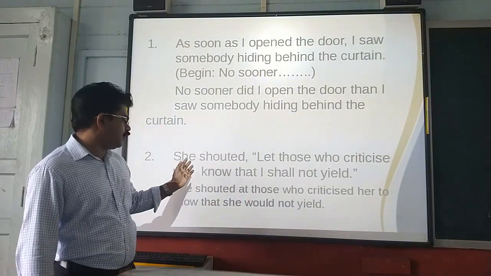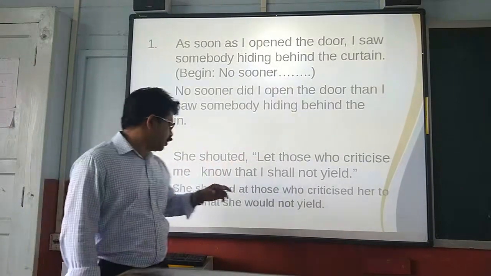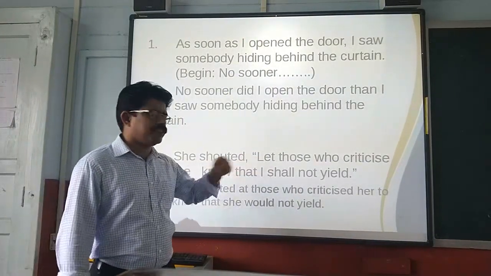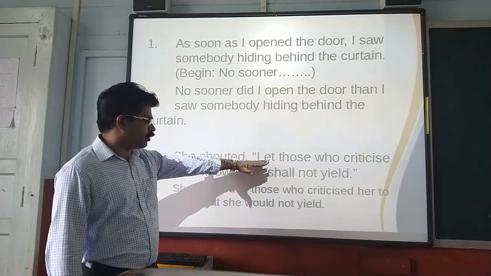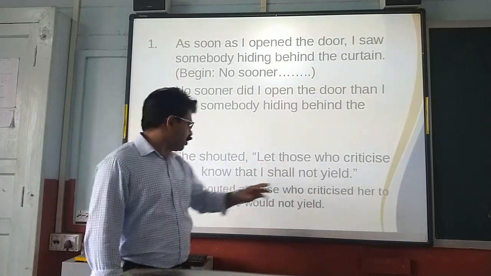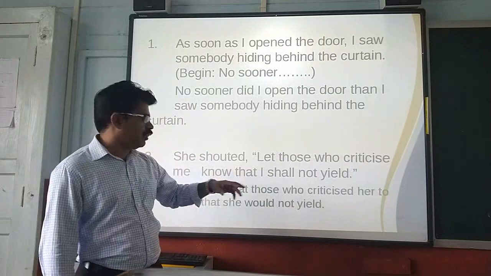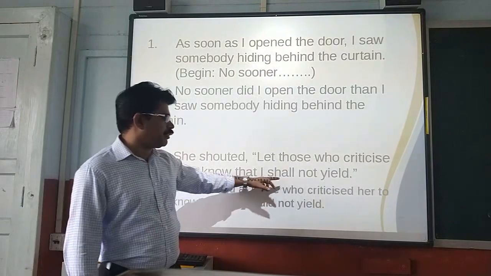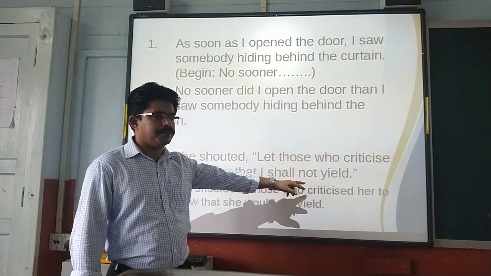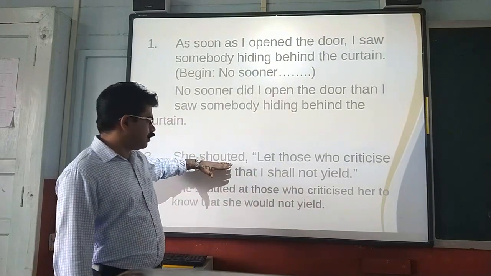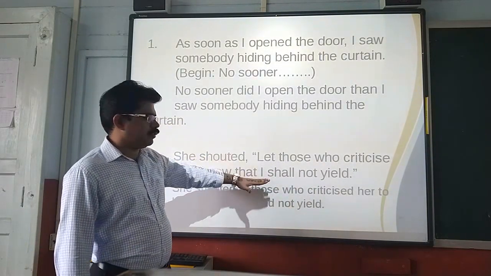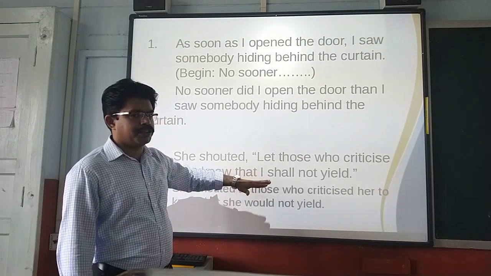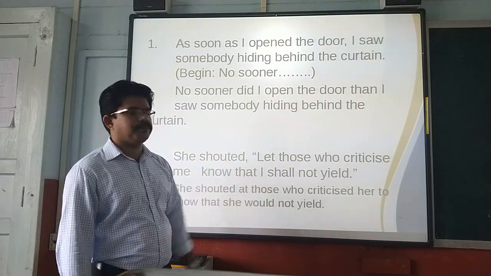Next sentence. She shouted, "Let those who criticize me know that I shall not yield." Direct and indirect: it is direct speech that is given there. "I shall not yield" is future tense. "Shouted" is past tense, and this will change into the corresponding past form.